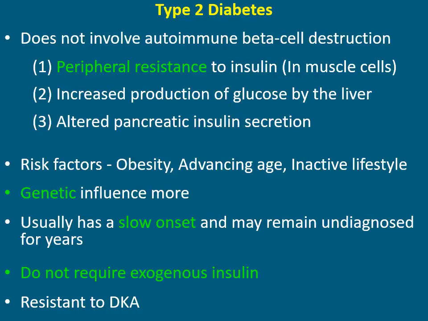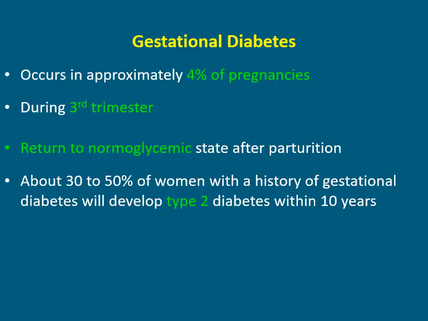Type 2 diabetes usually has a slow onset and may remain undiagnosed for years. It does not require exogenous insulin and is resistant to diabetic ketoacidosis. Next, gestational diabetes or pregnancy diabetes.